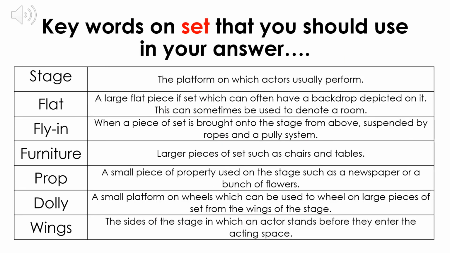When answering a 4-mark question, the exam board really want you to use keywords linking to that specific design element. So on the slide now, I have the keywords that link to set design. They are stage, flat, fly-in, furniture, prop, dolly and wings. Now what you need to do and your task now is to learn these definitions.